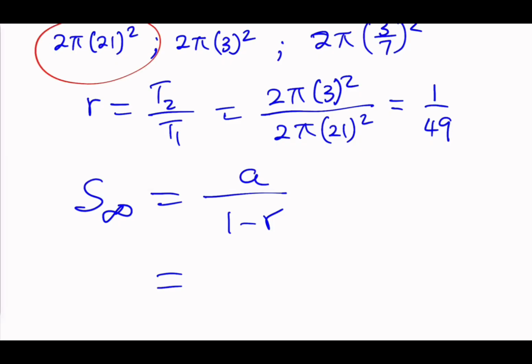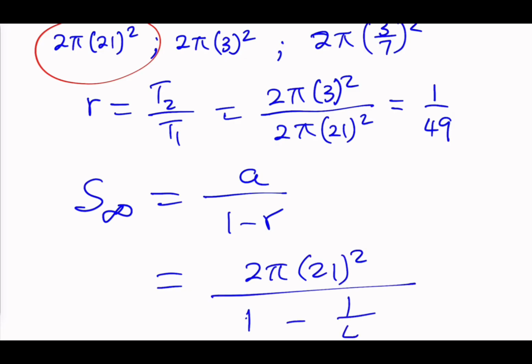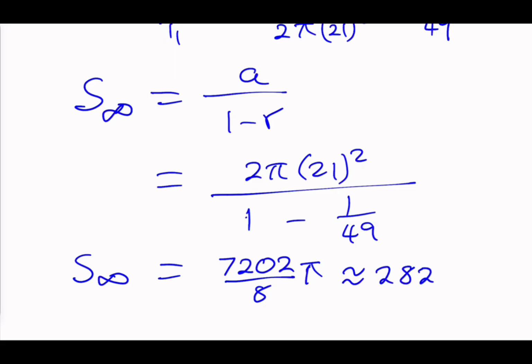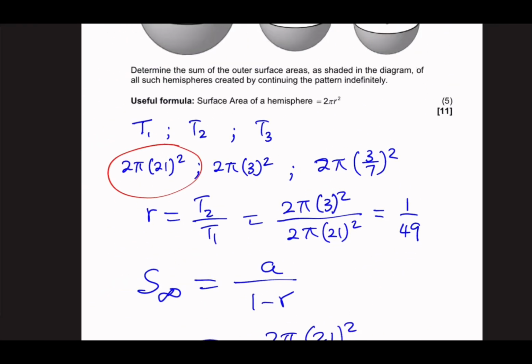So this is going to be 2 pi times 21 squared divided by 1 minus 1 over 49, and that means S infinity, if you put that in a calculator, is 7,203 over 8 pi, which rounds to approximately 2,828.6 centimeters squared, because that's the surface area.